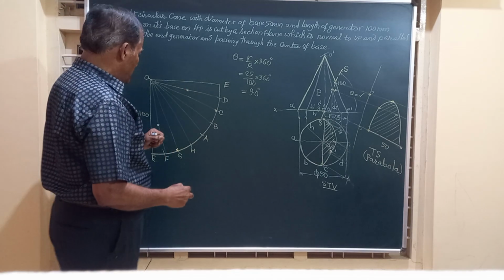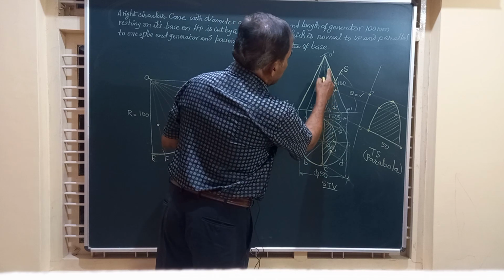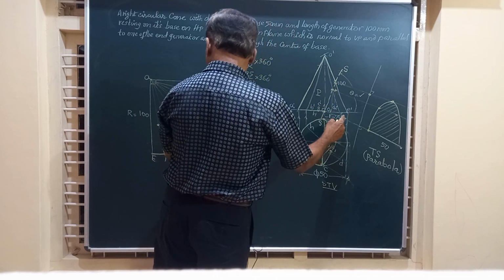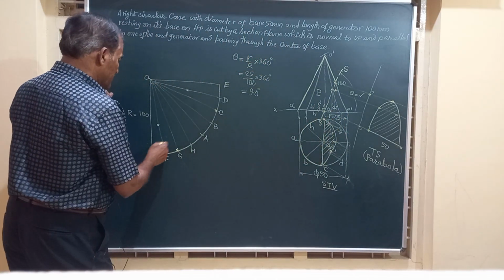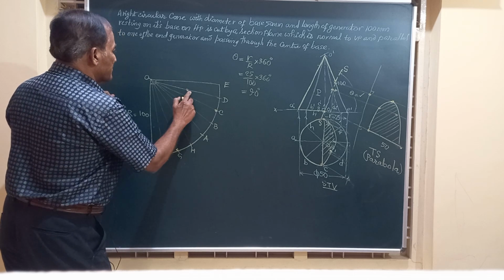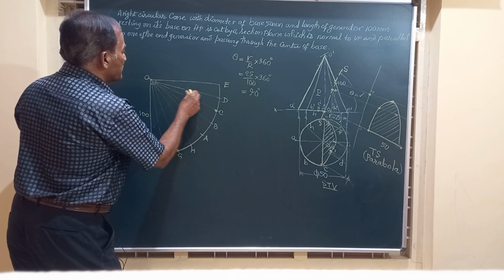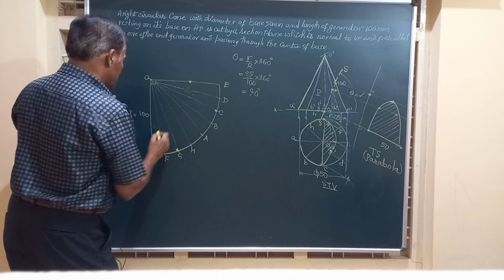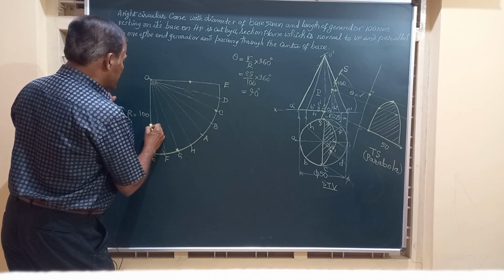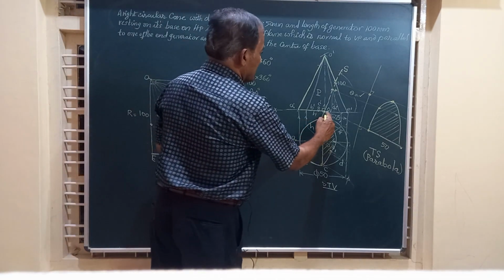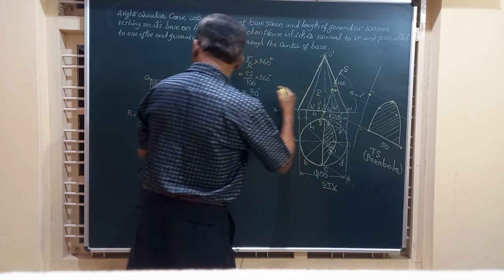Then, friends, what else you have got? It is cutting the last generator OE. We made a mistake, OE should have been taken first. First is OE, at the same distance. Sorry, OE should be the highest point.